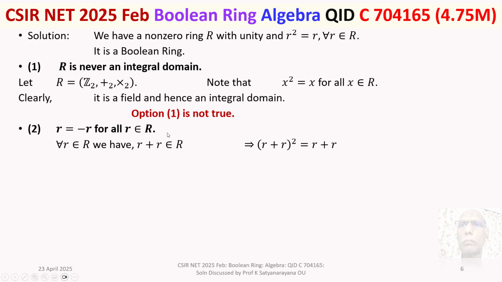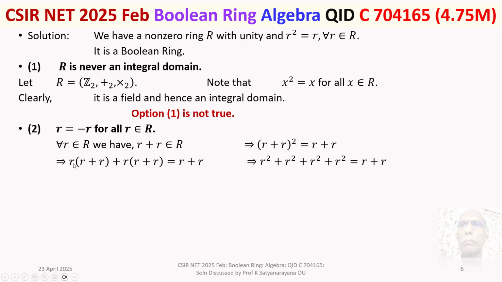Since it is an element of R, and every element is an idempotent element, this will imply r plus r whole squared is equal to r plus r. This can be written as, using the distributivity, r plus r multiplied by r plus r is equal to r multiplied by r plus r plus r multiplied by r plus r, using the distributive law.